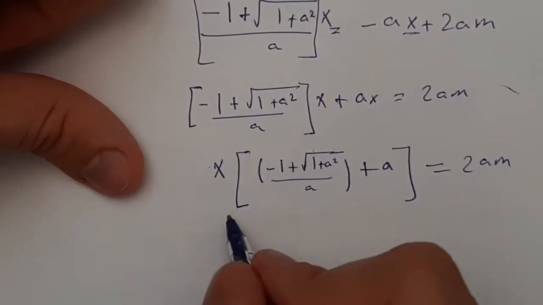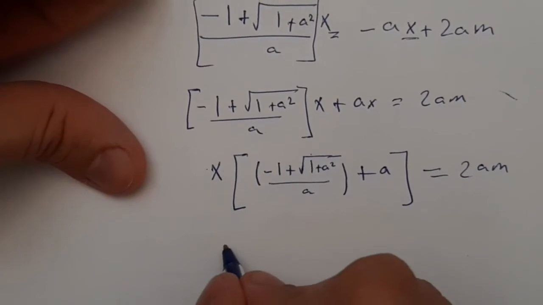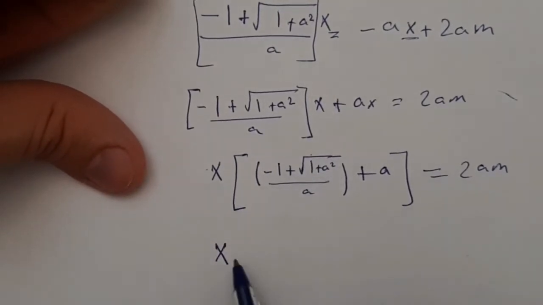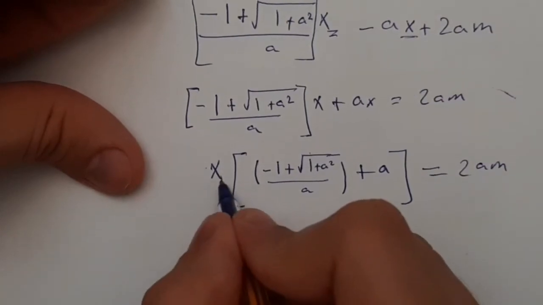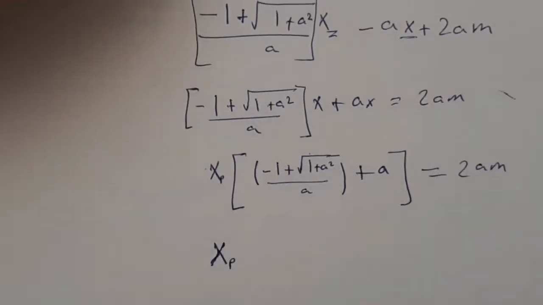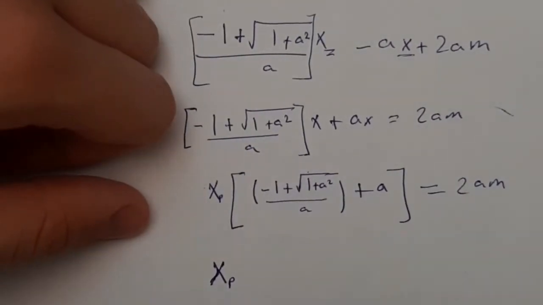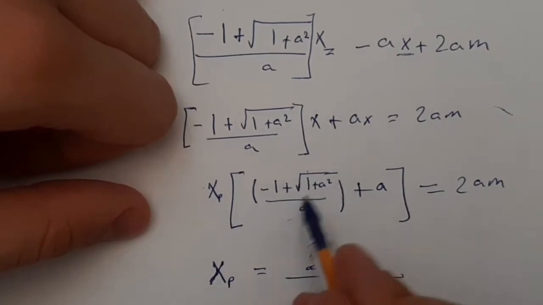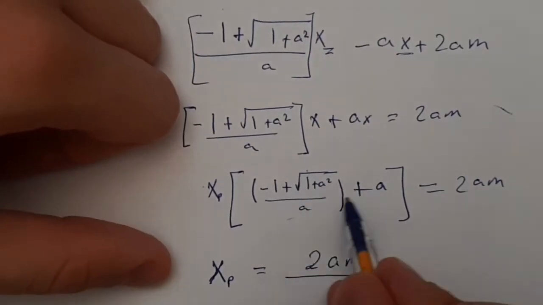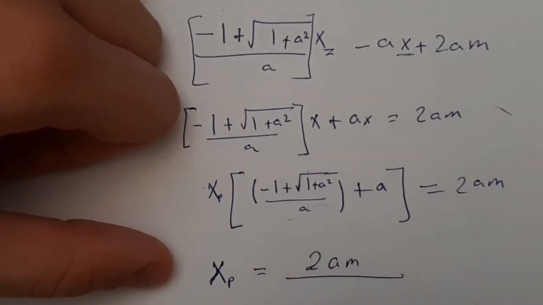How do we continue? Now I want the x alone, because I want to analyze how this is the x of P, the x in the point P. So 2am divided by all this. Now I'm just going to join them in the same base over here.